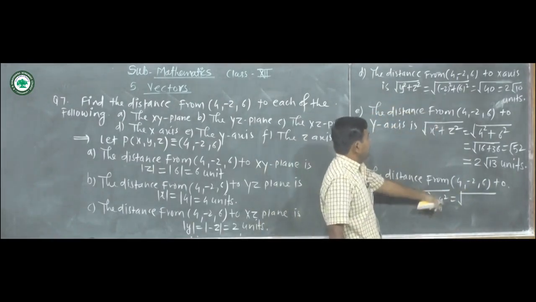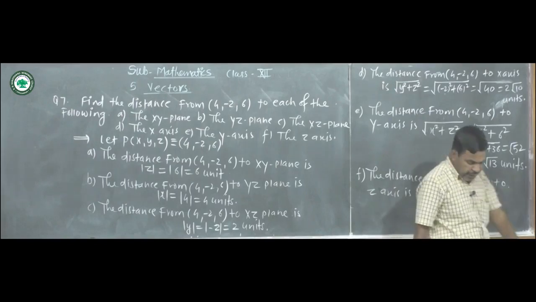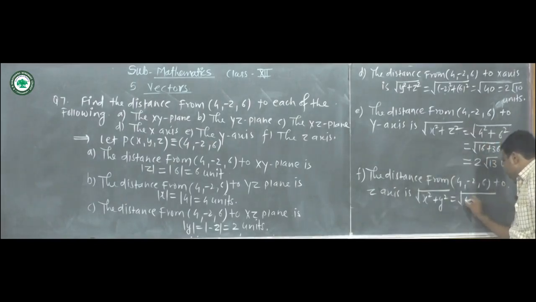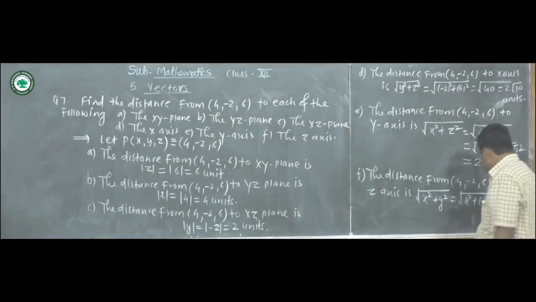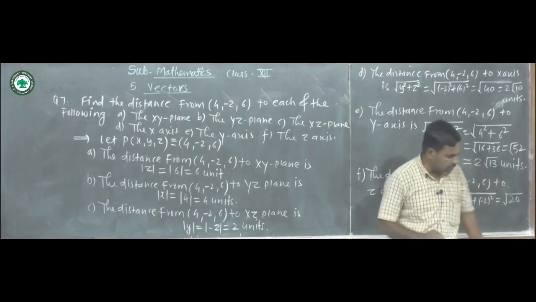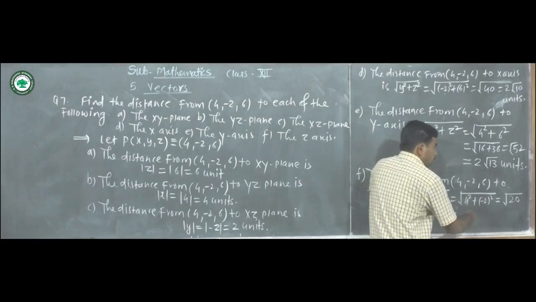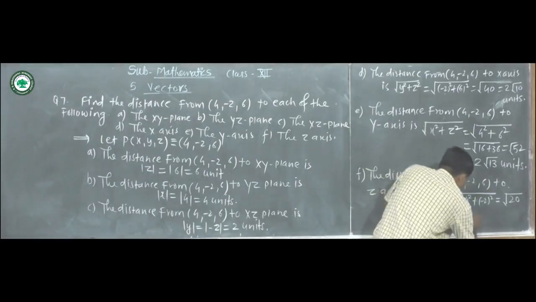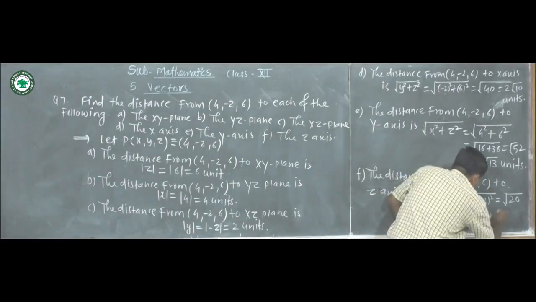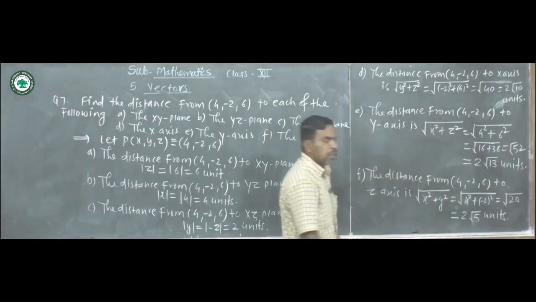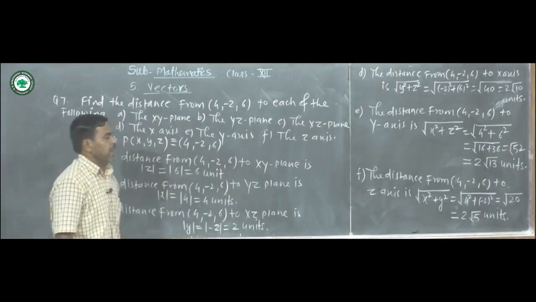That is 4, and the y coordinate is -2, so it is 4 squared plus (-2) squared, which is 16 plus 4, 20. Now this 20 can be written as 5 into 4, and the square root of 4 is 2, so this is 2 square root 5 units. So this is the complete solution for question number 7.